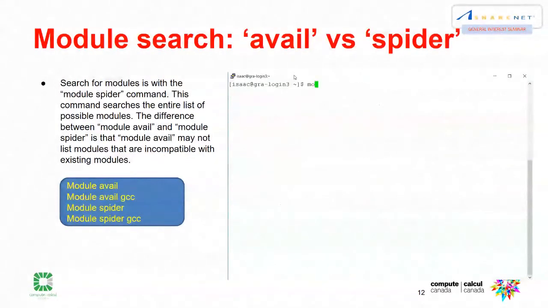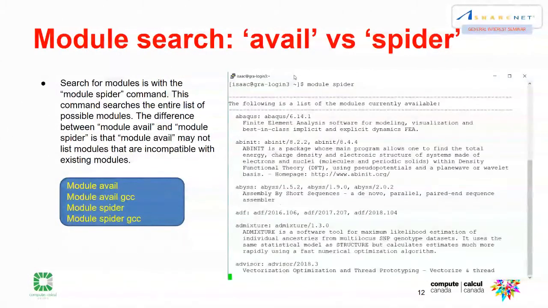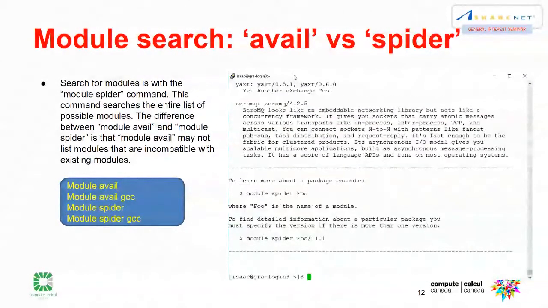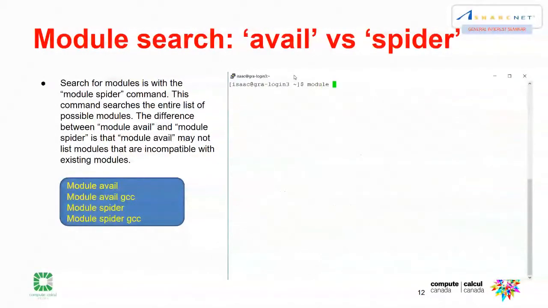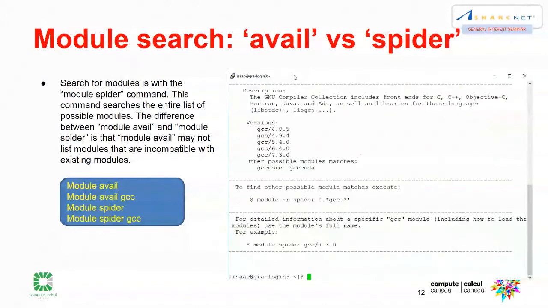And you can try to find some information using module spider as well. Module spider will give you full details of each module. You can see that. It's a little bit different from module avail. And module spider GCC will give you a little bit different format of return, like this.